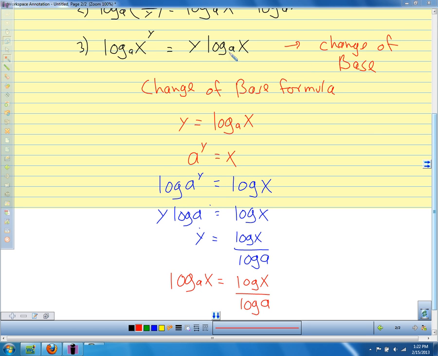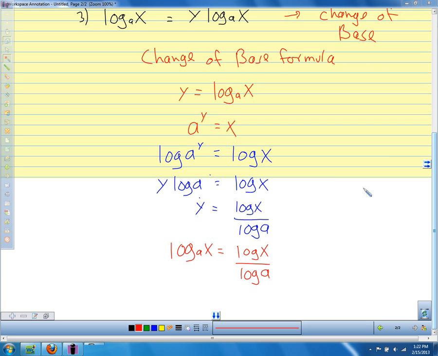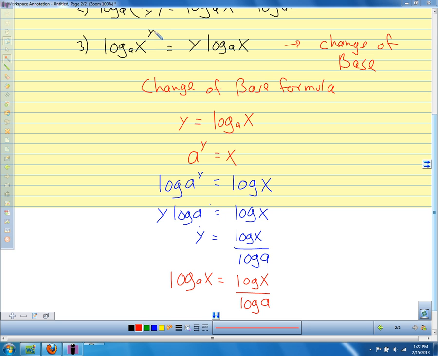So the change of base formula comes from this last property of logarithms, where the exponent becomes multiplication. I just wanted to show you why the change of base formula works.